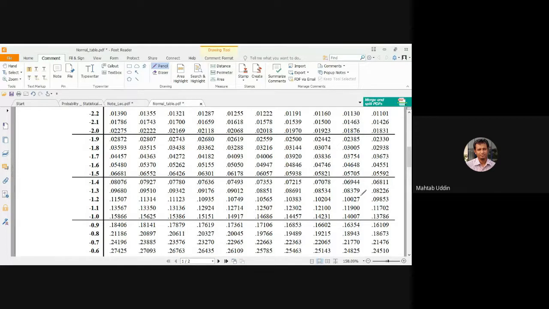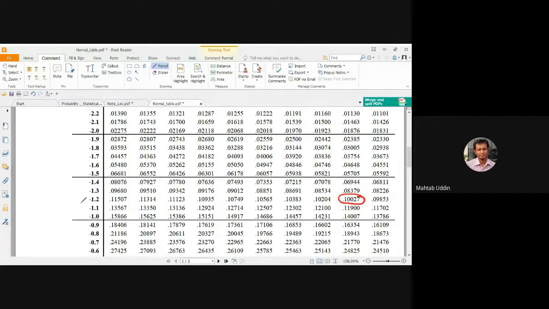This is very close to 0.1, which is the probability of minus 1.28. Okay. If the exact value cannot be found, we'll try to match them as close as possible.